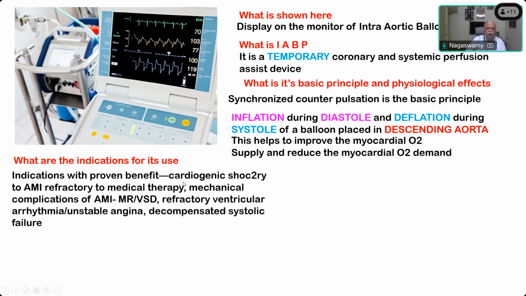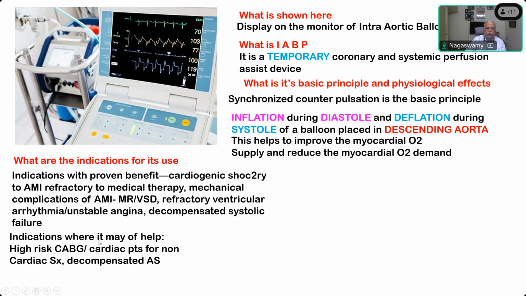Indications with proven benefit are cardiogenic shock secondary to acute myocardial infarction refractory to medical therapy, mechanical complications of acute myocardial infarction like MR or VSD, refractory ventricular arrhythmias, unstable angina, decompensated systolic failure. Indications where it may be of some help are high-risk CABG, cardiac patients on non-cardiac surgery, decompensated aortic stenosis.